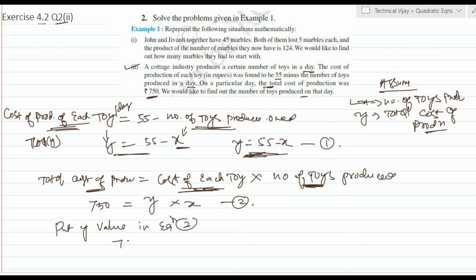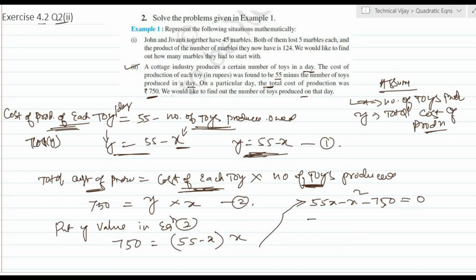So here 750 is equal to y, which is nothing but (55 minus x) into x. I'll write this first: 55x minus x square minus 750 equal to 0. In this way I have written it, taking 750 to one side.